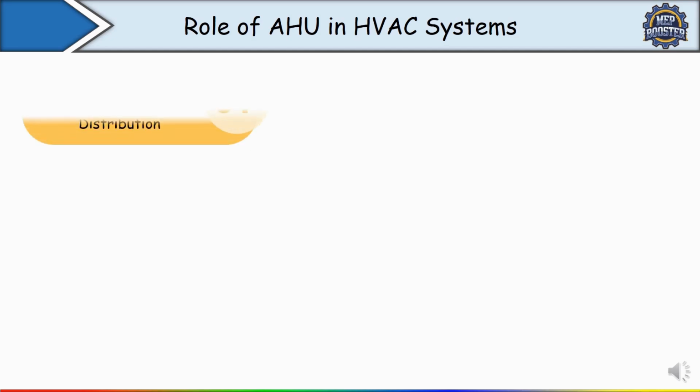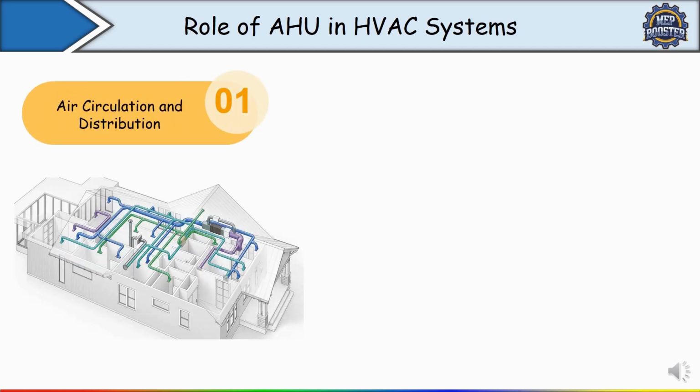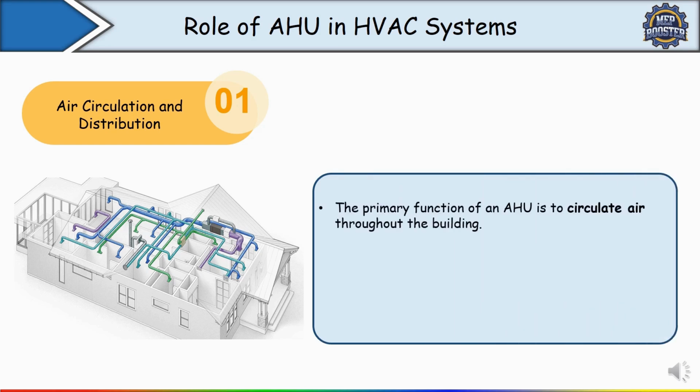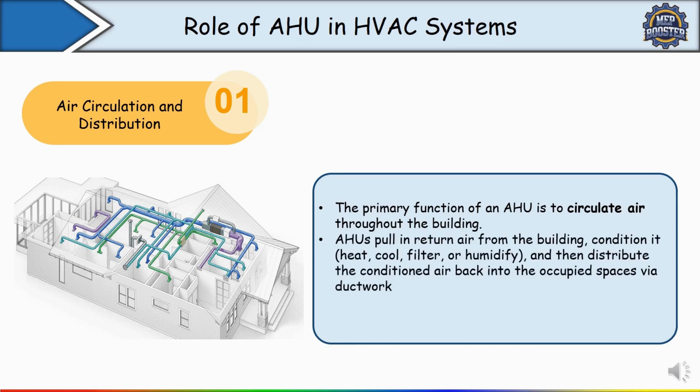The first point is air circulation and distribution. The primary function of an AHU is to circulate air throughout the building. All of you know that. AHUs pull in return air from the building, condition it and then distribute the conditioned air back into the occupied spaces via ductwork.